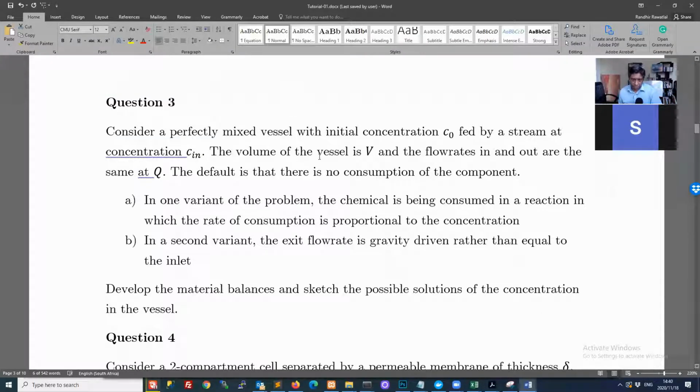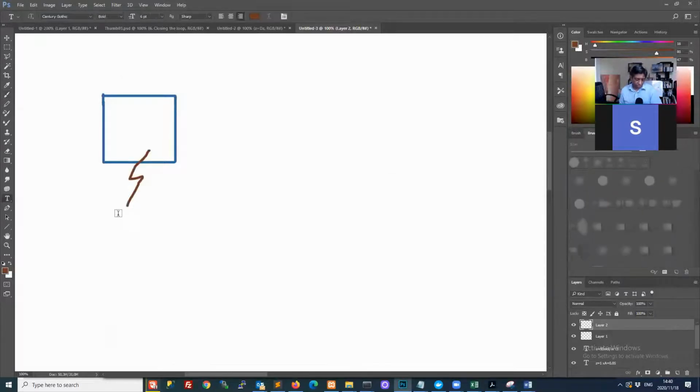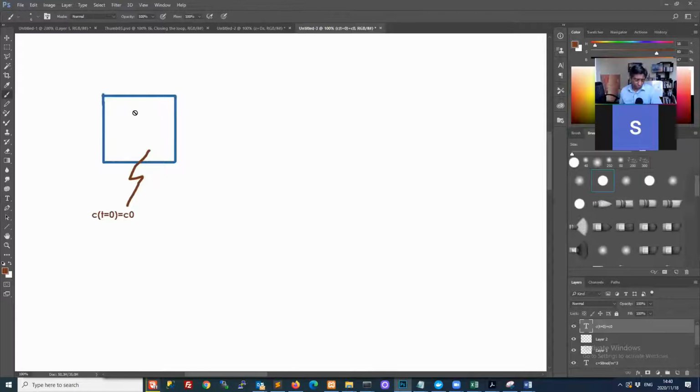And there's an initial concentration in there of C naught. So C naught applies here. So we can say here C at t equals 0 equals C naught. So that's some known. So specifically initially, at t equals 0, we have the concentration inside this space.